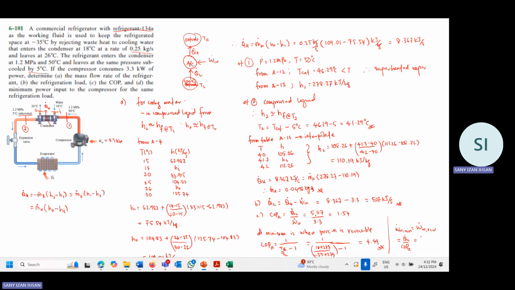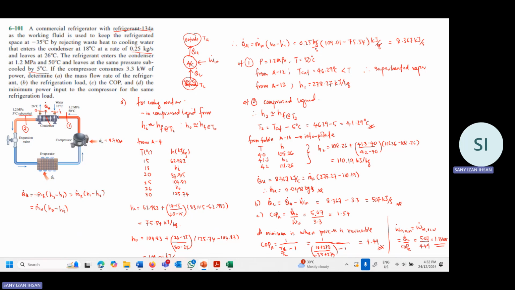So you have 5.07, the Q dot L, divided by COP, which we just calculated, 4.49. Calculating this, it is 1.13 kilowatt. Right, I'm using all the space already. So that would be the minimum work required, which is 1.13.